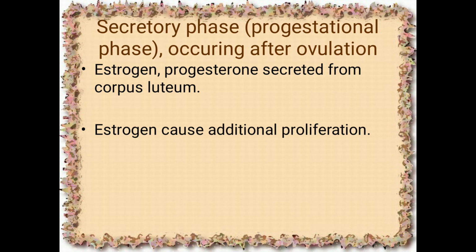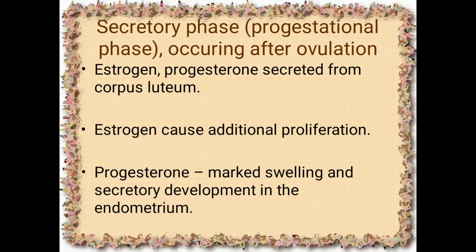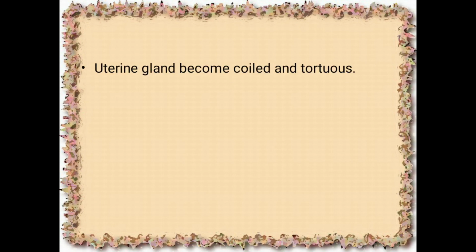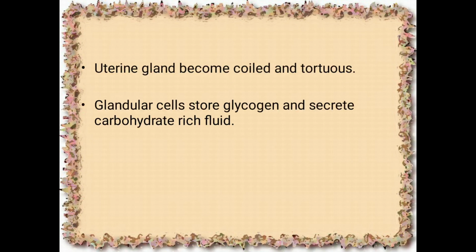The corpus luteum secretes the hormones estrogen and progesterone, but the major hormone during the secretory phase is progesterone, and estrogen causes additional proliferation. Progesterone causes marked swelling and secretory development in the endometrium. How does this occur? Here the uterine glands become coiled and tortuous.